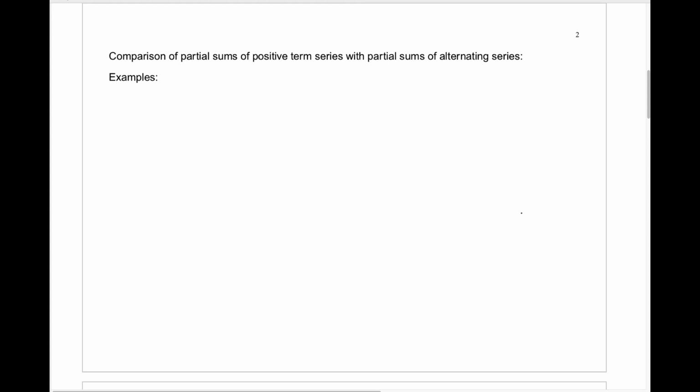I want to talk about an important difference between partial sums when you have a positive term series, that's when all the terms are positive, and an alternating series, where the terms alternate positive, negative, positive, negative, etc. If you have a positive term series, that means that all of the a sub n are greater than 0.